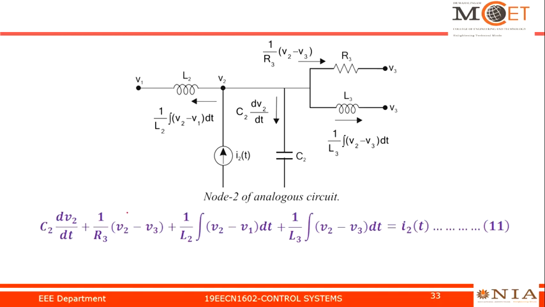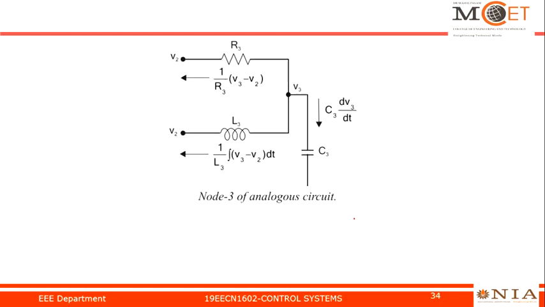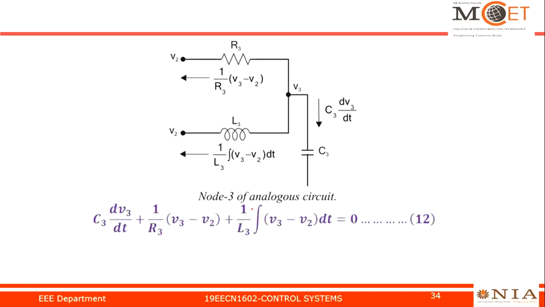There are four different currents leaving from this node. So I can write the equation for the second node. Like that for node 3, that is V3. There is no entering current, all are leaving current, so it is equal to 0. R3, L3, C3, three different currents.